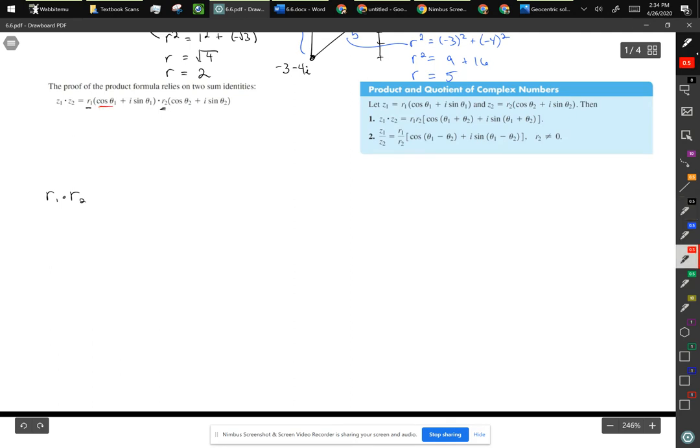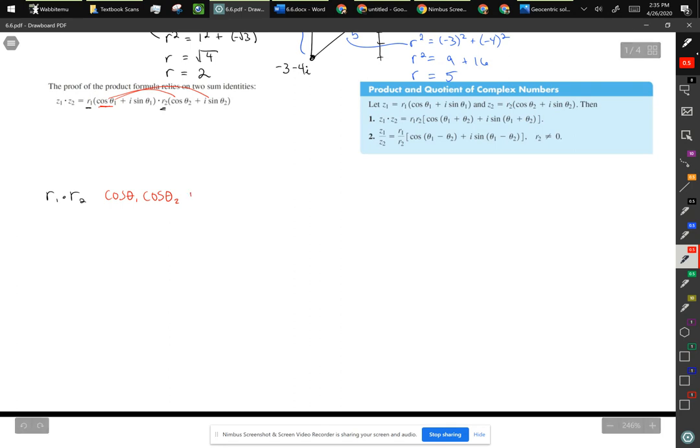I got to distribute cosine theta 1 to each one of those, right? And so I'm going to have cosine theta 1 times cosine theta 2, and then I'm going to have cosine theta 1 times I sine theta 2.